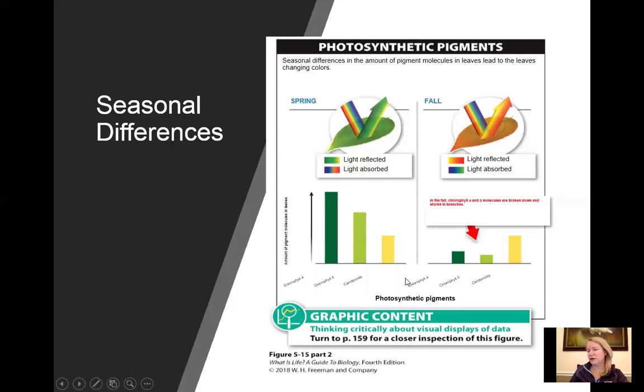I may have moved it when I was moving things around. Anyway, this yellow bar here is the carotenoids. It really depends on the amount. You see how the amount differs? It's not just whether it has chlorophyll or not that makes it green. It's in what proportions it has these.